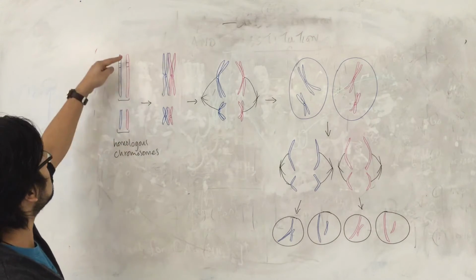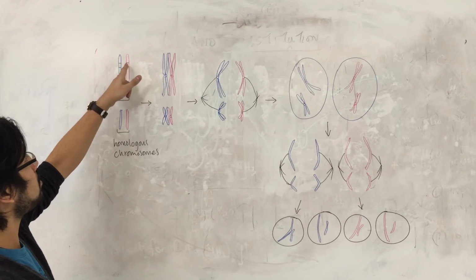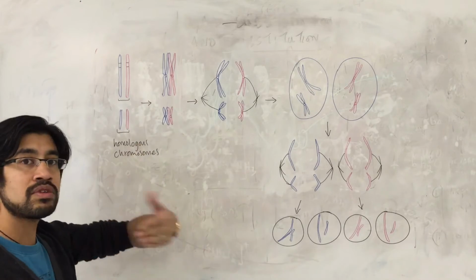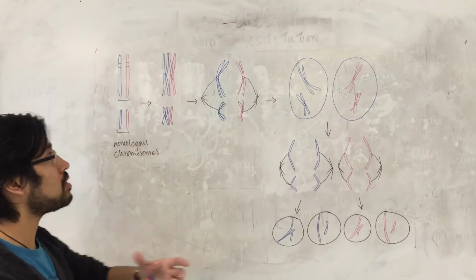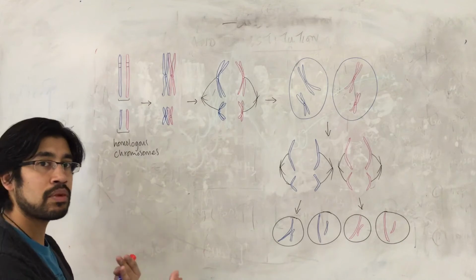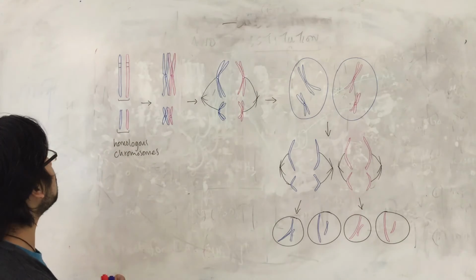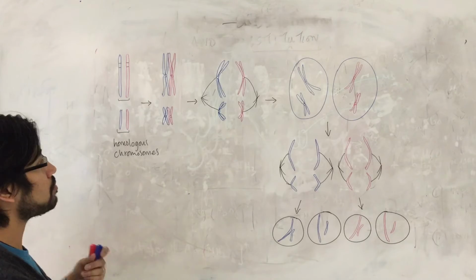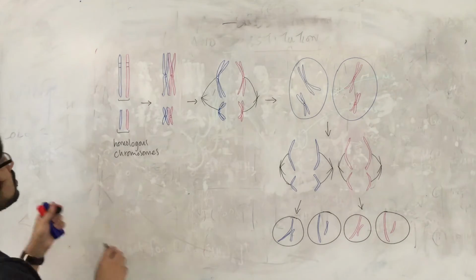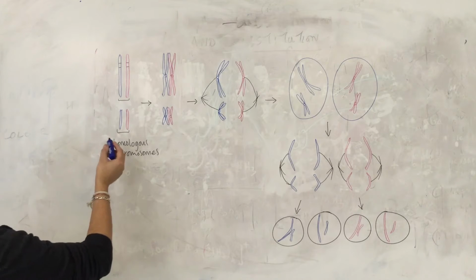But from the mother's side, this allele might code for a gene product that would result in the person having brown eyes. And depending on which characteristic is recessive or dominant, or how those genes are interacting with each other, that will result in a person having a particular characteristic. So that's important that we understand what we are dealing with here.